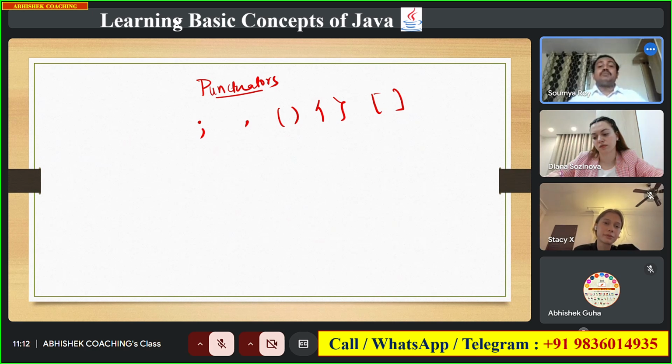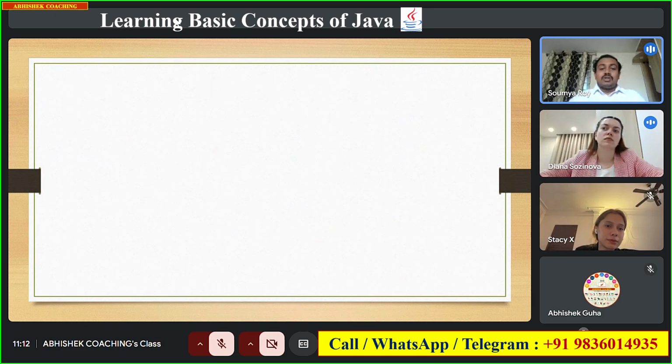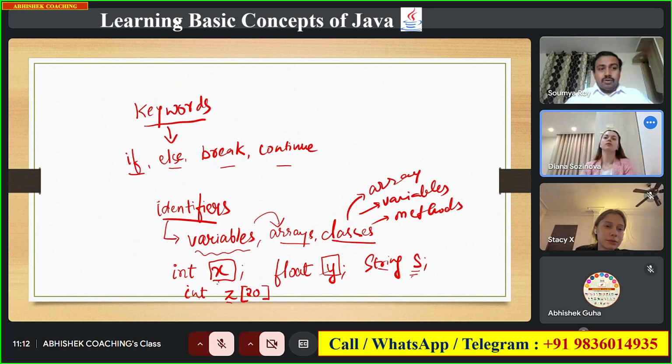For separating purposes, we use the punctuators. These are the various basic concepts that we can have in Java.